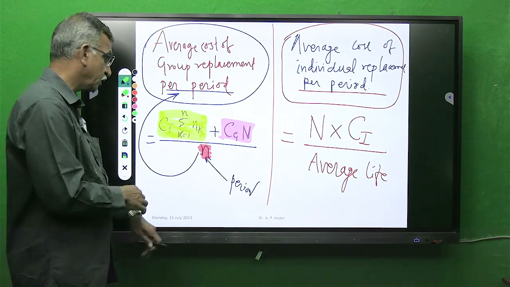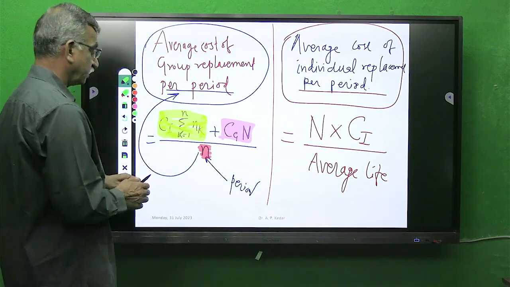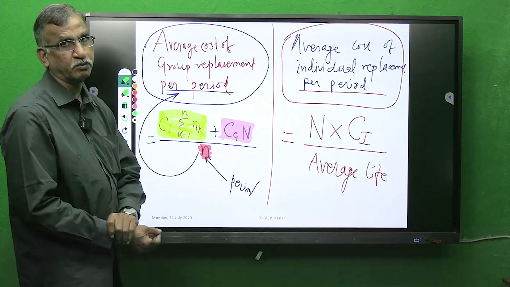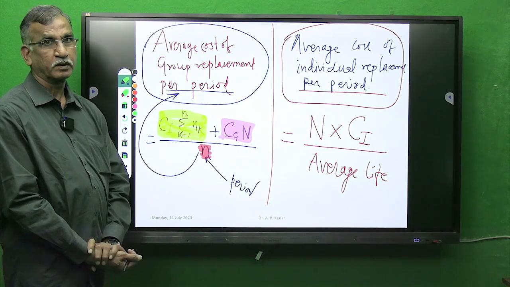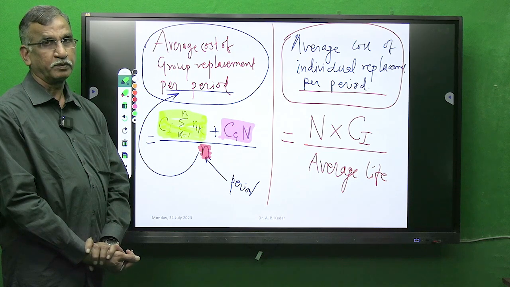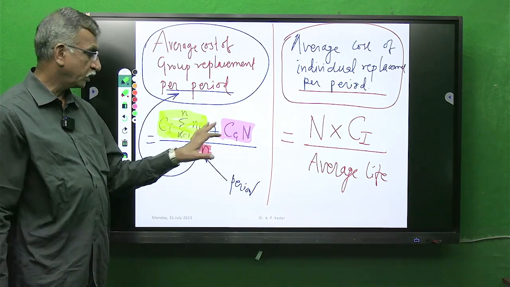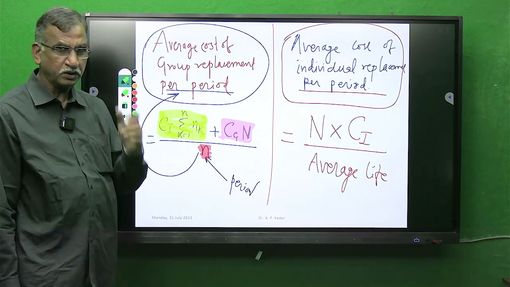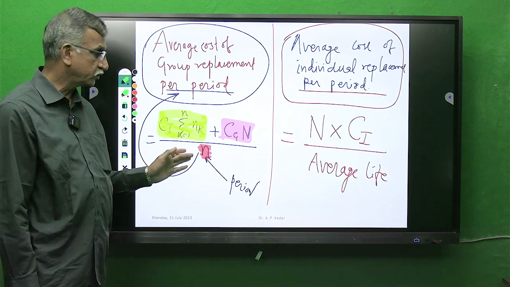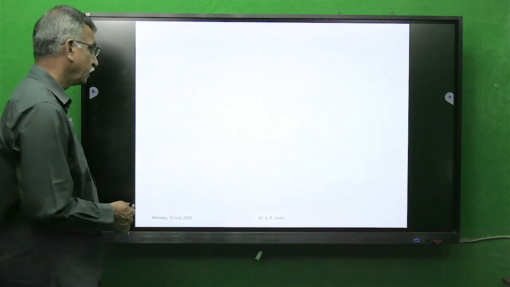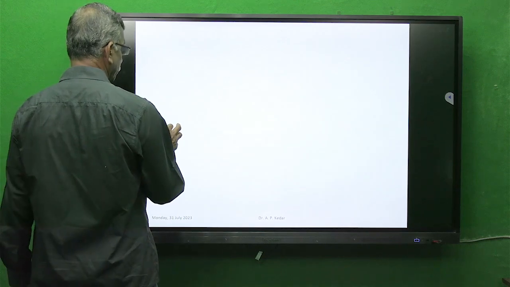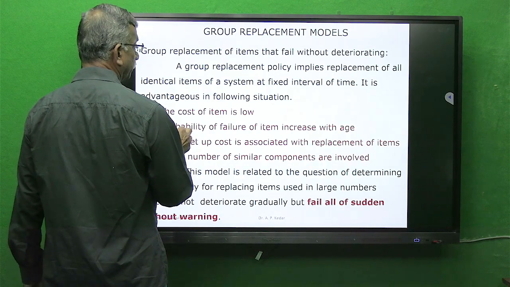So this is how in general the entire mechanism for making a decision with the help of group replacement policy works. Now we are ready with how to proceed, and we will see the numerical pertaining to the logic. So now I will explain that entire numerical to you.